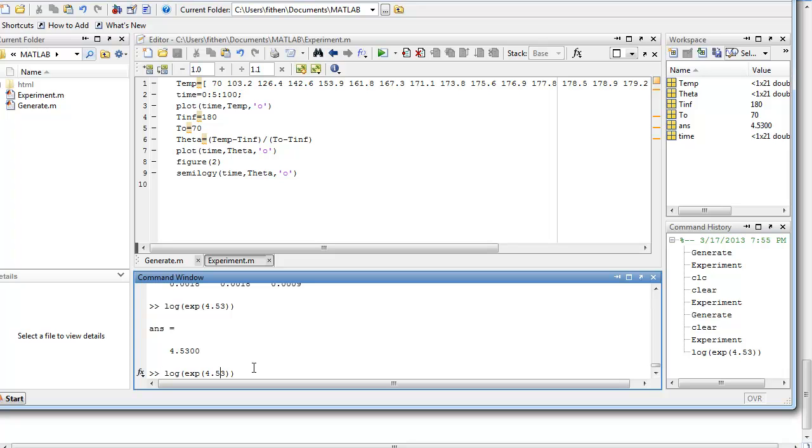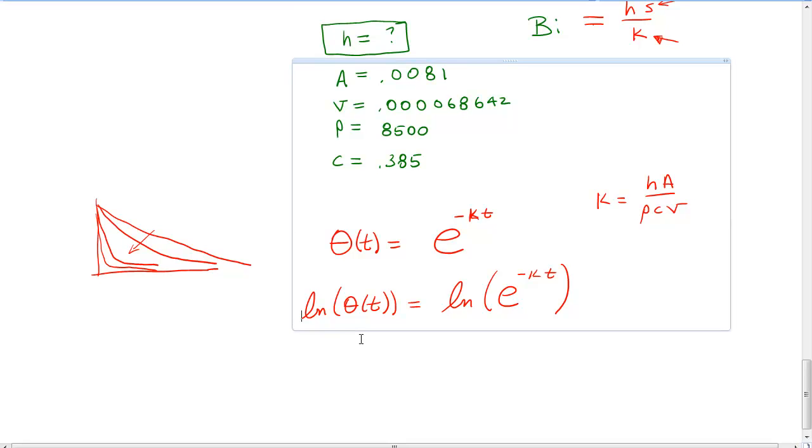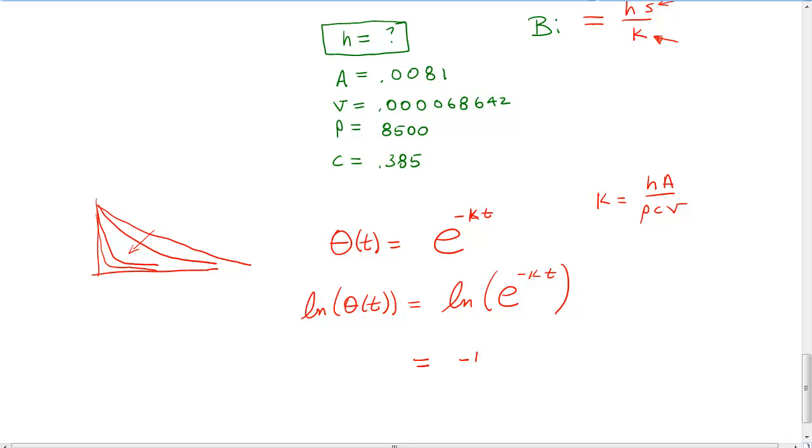If you put any number you want in there, you're going to get the number back. So this implies that this is equal to nothing more than KT. Or you could call this a new function instead of theta. I don't know, call it gamma of t.